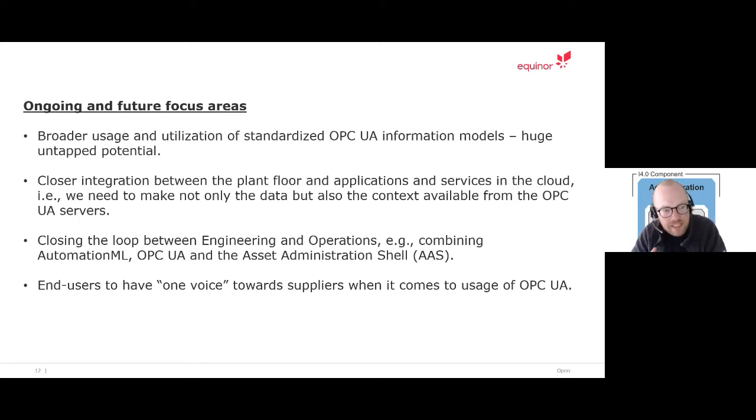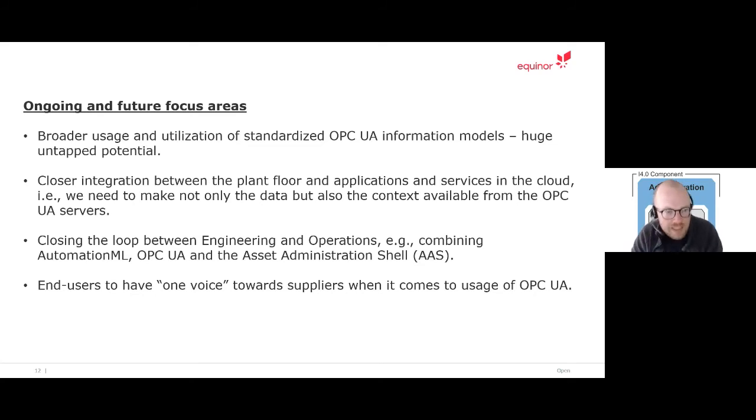It's about combining other initiatives such as AutomationML for exchanging information in the engineering phase, combining that with OPC UA, and also the asset administration shell that we are looking heavily into. The asset administration shell is the standardized digital twin implementation in Industry 4.0, which is the picture behind me here.